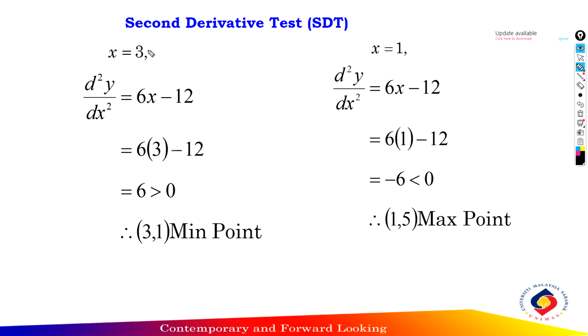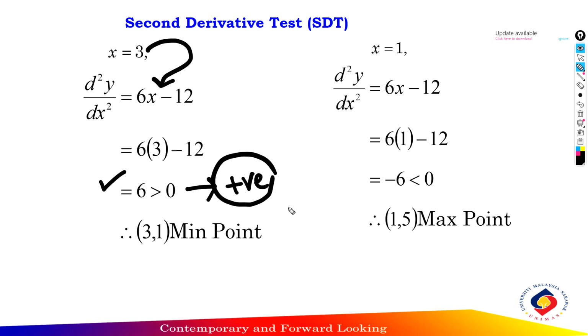You substitute 3 into the second derivative, and it equals 6, which is greater than 0, so the sign of the second derivative is positive. Conclusion: when the sign of the second derivative is positive, (3, 1) is the relative minimum point.